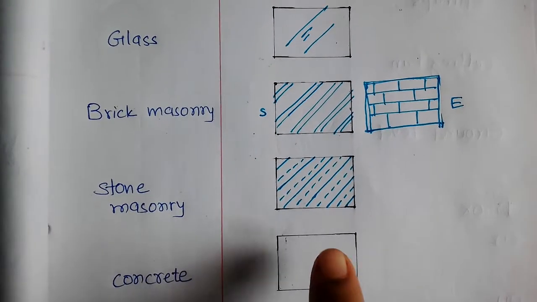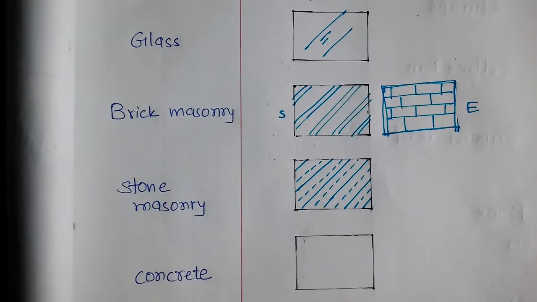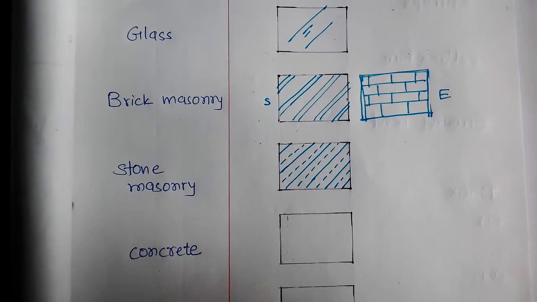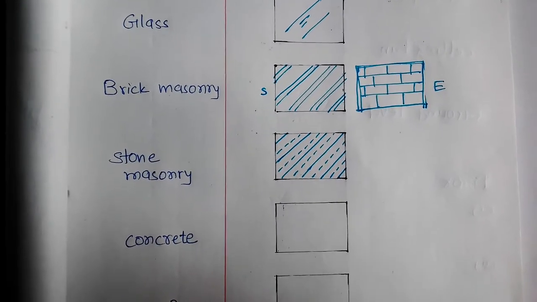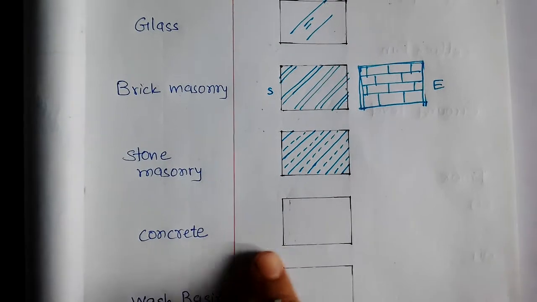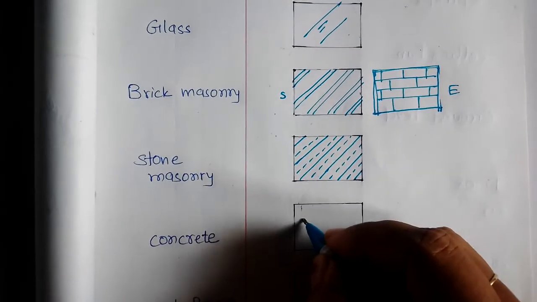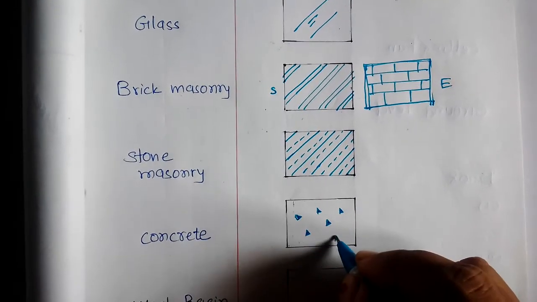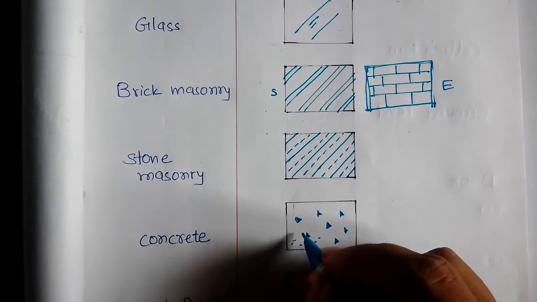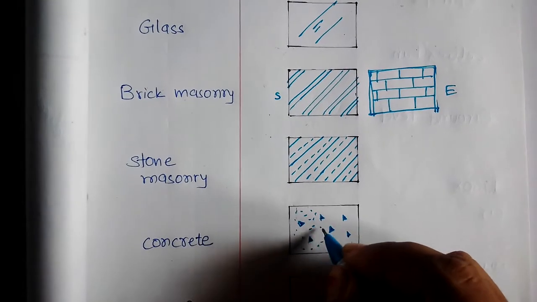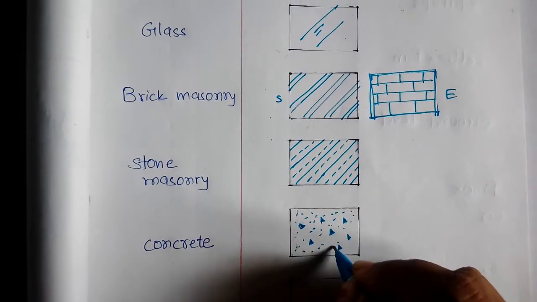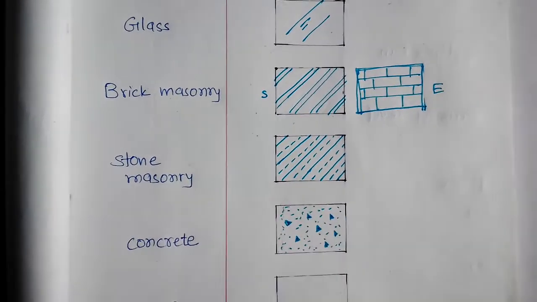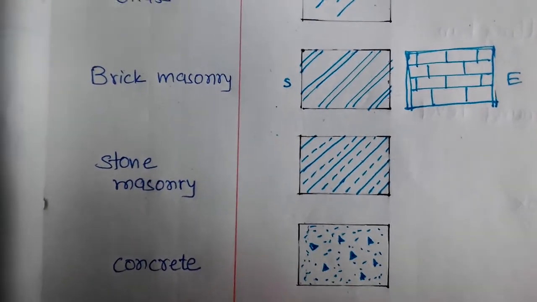Again, keep in mind this line should be at an angle of 45 degrees. So this is the graphical symbol for the stone masonry. Now for the concrete, it is very easy. We have to draw small triangles like this, then fill the rectangular box with dots. So this is the graphical symbol for the concrete.